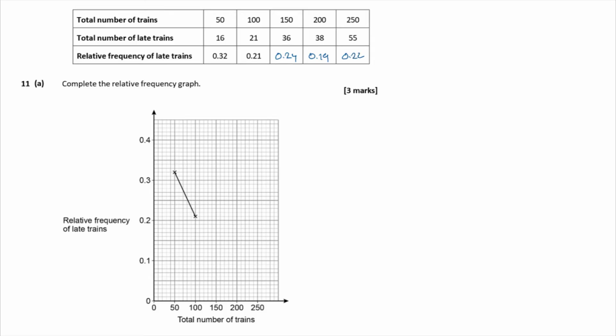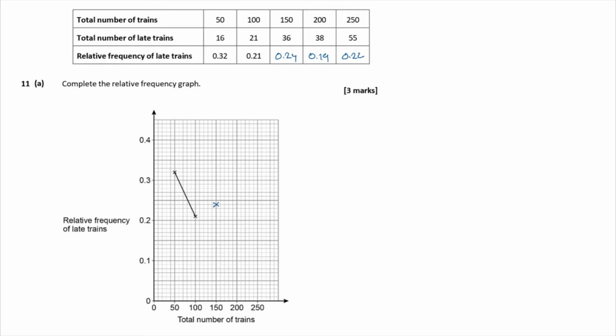Now I can plot the relative frequency graph. Okay, so we can see that the relative frequency started at 0.32. It went down to 0.21. And then at 150, it bobbed up again to 0.24, which is going to be here. Note you've got 10 divisions on my graph between 0.2 and 0.3, so it's going to be 4 little squares up.